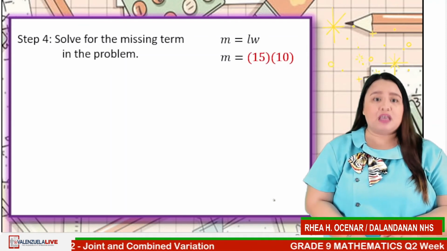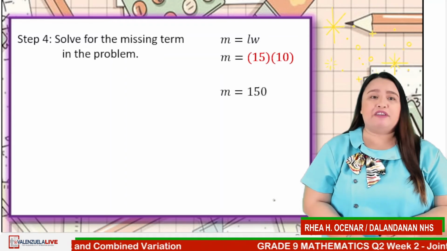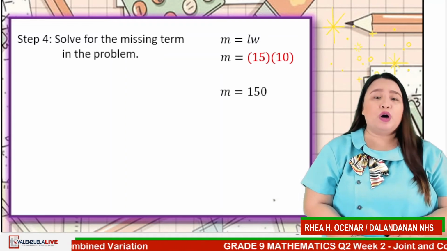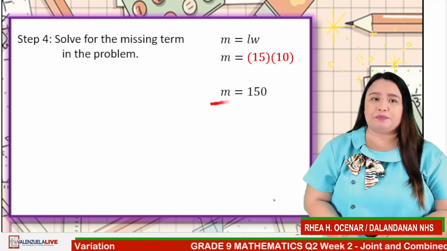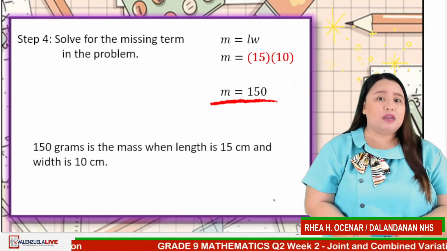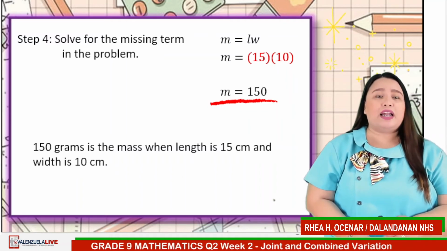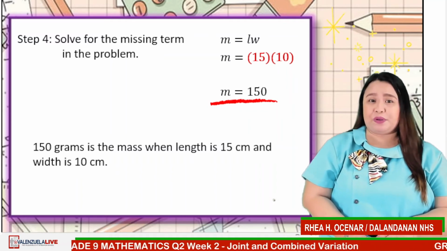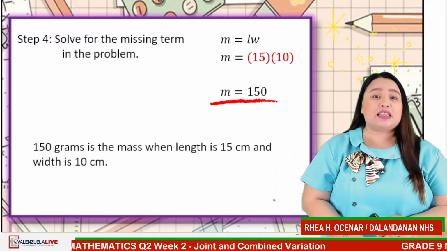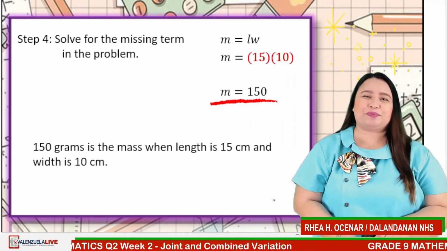Simplifying 15 times 10, we have M is equal to 150. Thus, 150 grams is the mass when length is 15 centimeters and width is 10 centimeters.